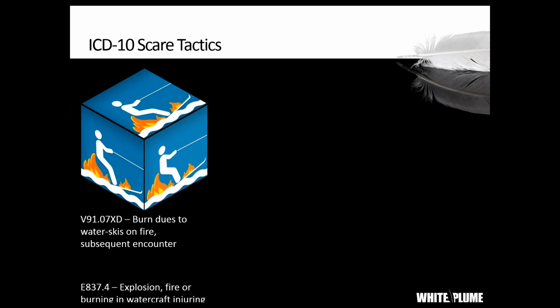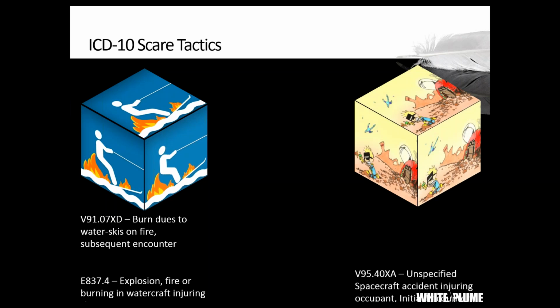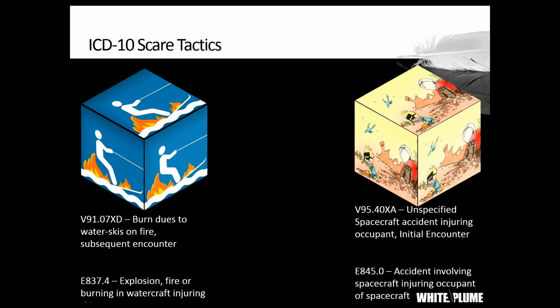But what most people don't tell you is that it's also a valid ICD-9 code, E837.4. Very, very similar code, and you never use it. You don't use it today, and you won't use it in ICD-10. Most of those crazy codes that people like to talk about already exist in ICD-9. They're E codes, what are external cause codes.